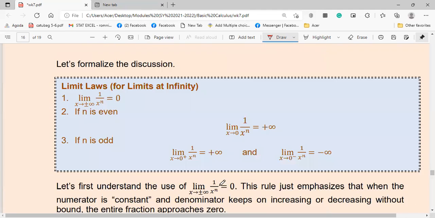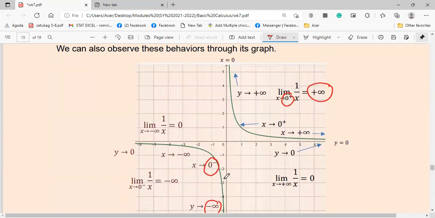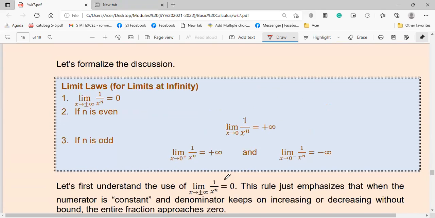Mula dyan, class, meron na tayong rule. Ang sabi ng rule, the limit laws for limits at infinity. Limit of 1 over x raised to n as x approaches positive or negative infinity is really 0. Ito na yung 1 over infinity form. That is 0.